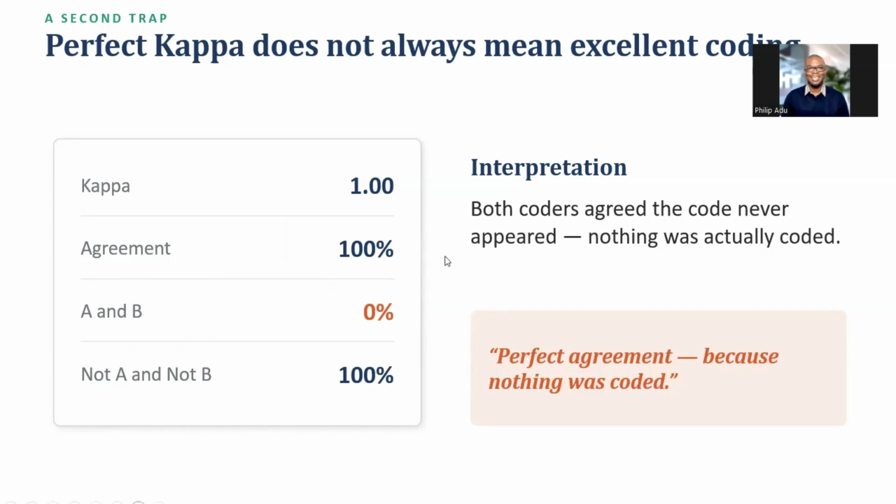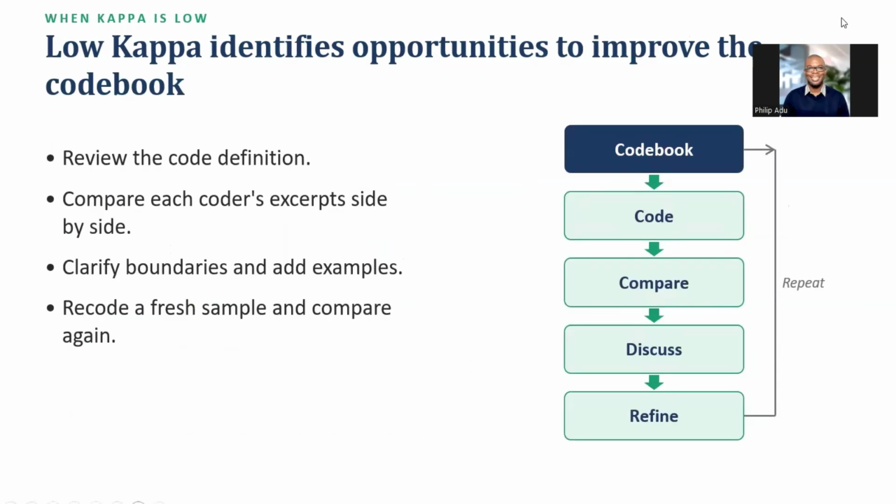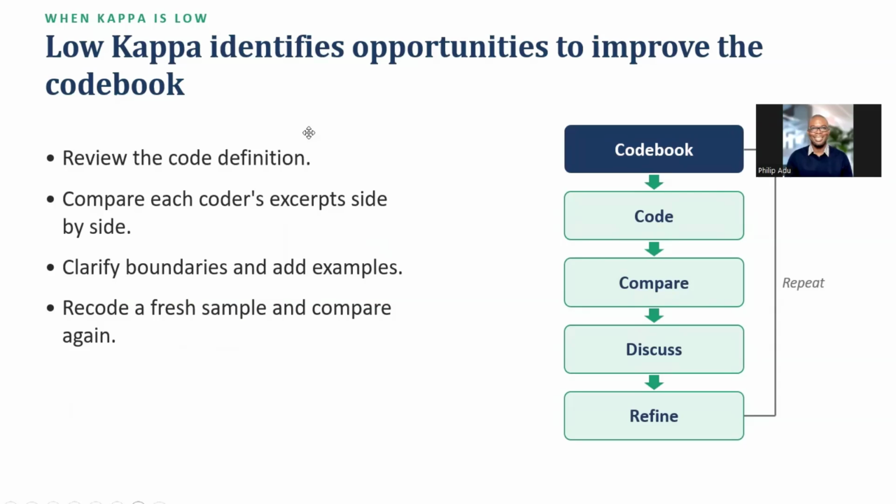So what is the essence of calculating this kappa and calculating the intercoder reliability? It is to see whether the application of the code is consistent across coders, right? So if, let's say, kappa is low and there's low reliability, what are you going to do? What you can do is you and your coder can go through the code book and review all the codes and how the codes are applied.